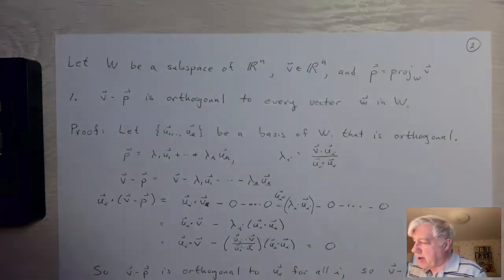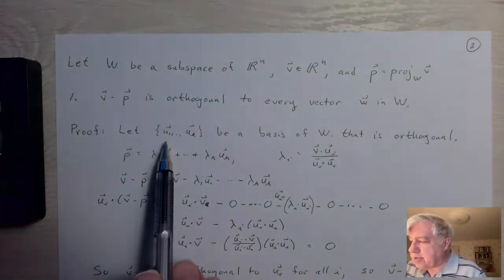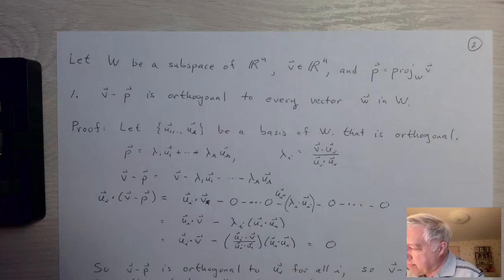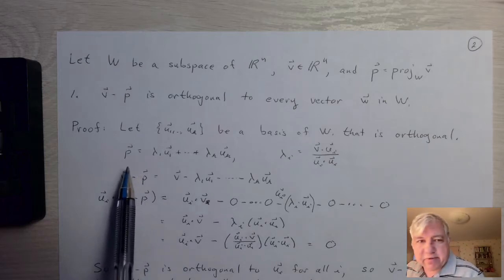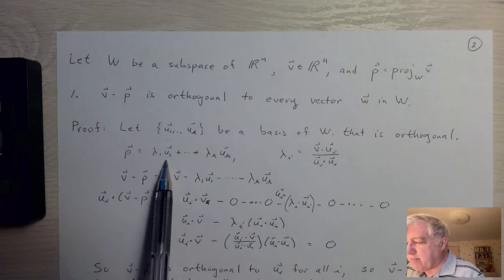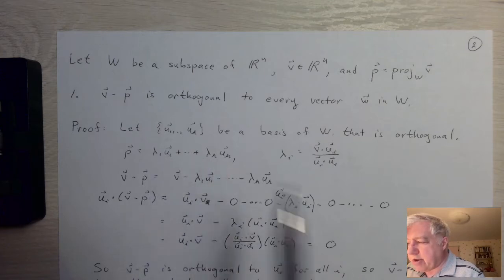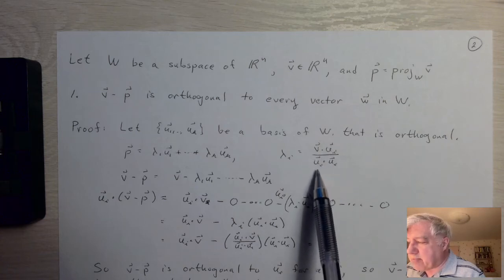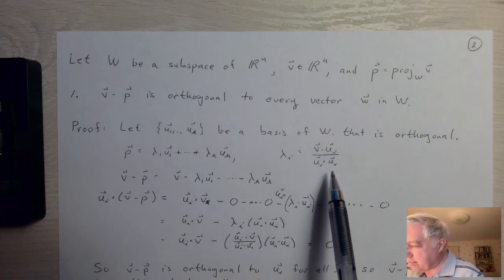We know that every subspace has an orthogonal basis. Let's call it U1 through Uk. And P, of course, we had the formula for the projection. P is this linear combination lambda 1 U1 up to lambda k Uk, where lambda i is the dot product of V and Ui divided by the dot product of Ui with itself.